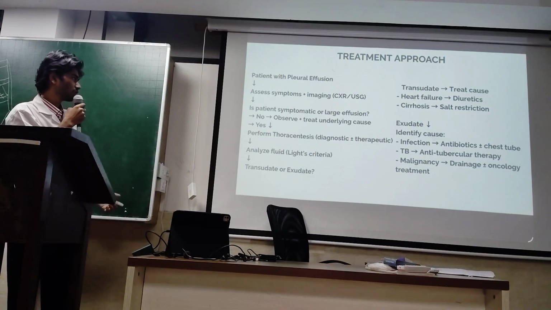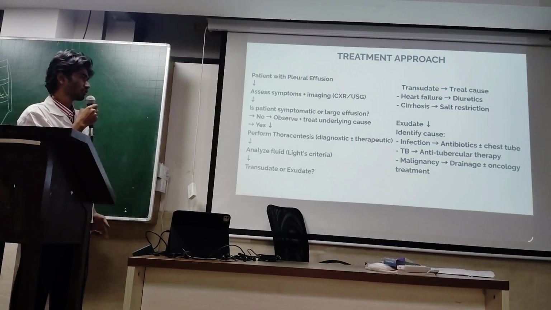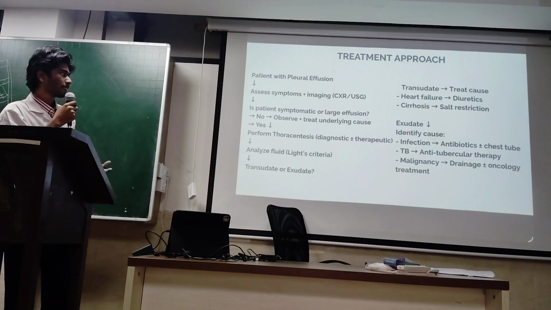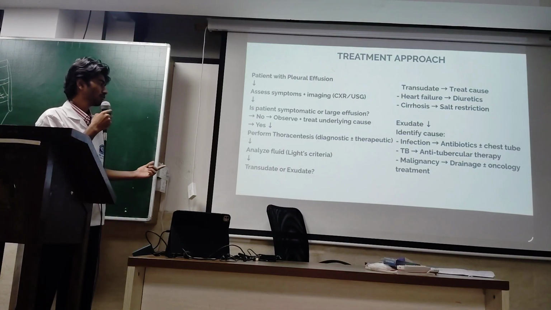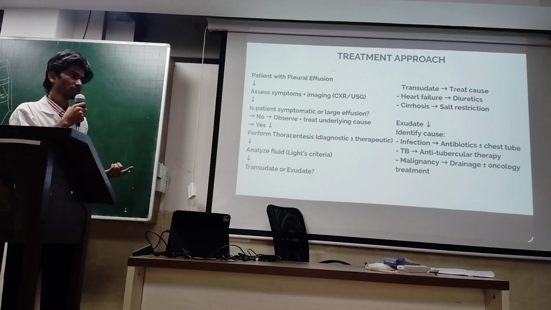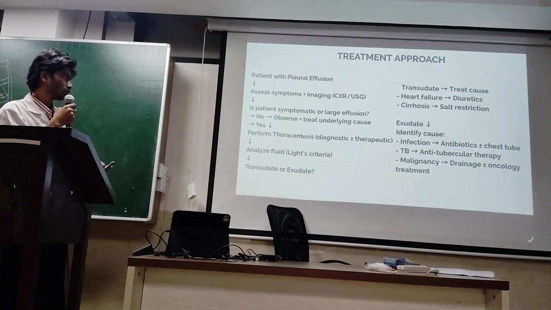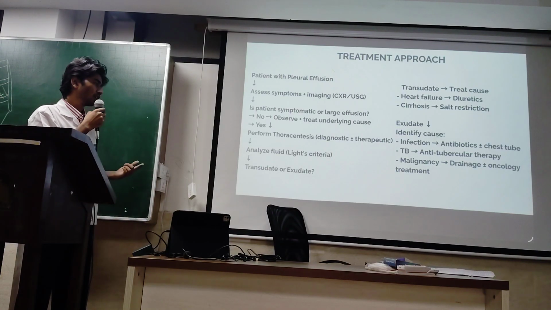A patient comes with pleural effusion, then we assess symptoms using imaging and X-ray to check whether the patient is symptomatic or asymptomatic. If the patient is asymptomatic, then we should observe and treat the underlying cause, which could be other than the pleural effusion. And if the patient is symptomatic, then we could perform thoracentesis, which is both diagnostic and therapeutic.